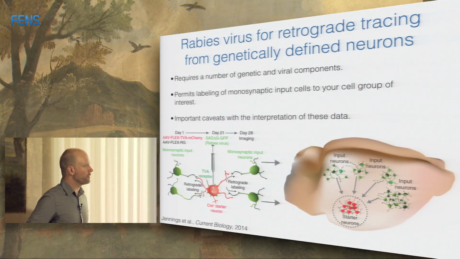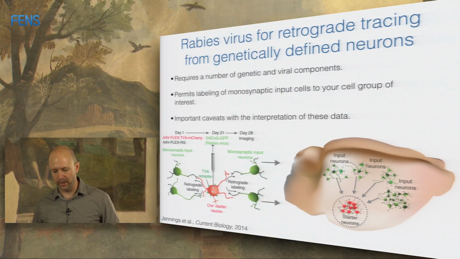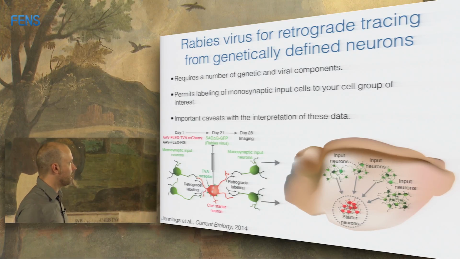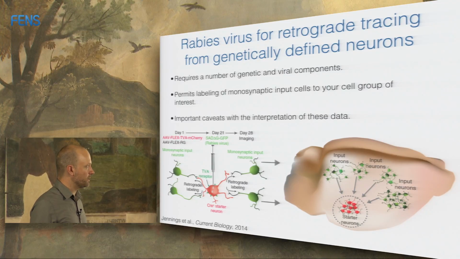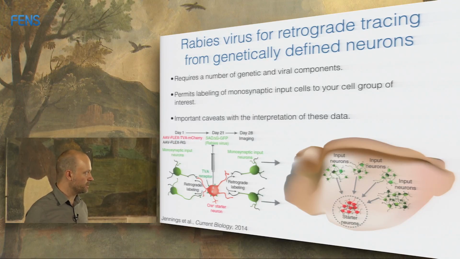I think there's some important caveats and interpretations of these data that are important to point out. One is that typically the way this viral system is used, it's very toxic to neurons. So it's not really appropriate to use it for functional manipulations or long-term manipulations of cell types.